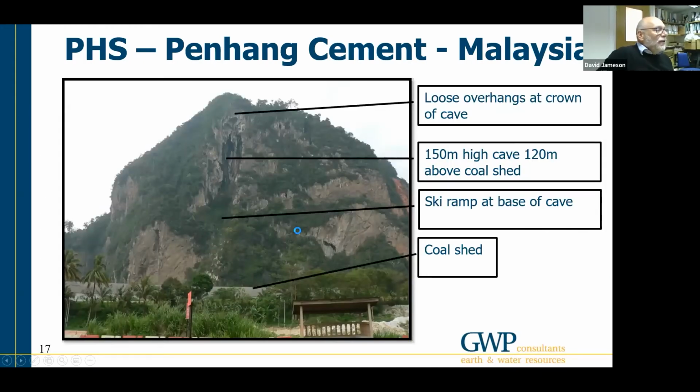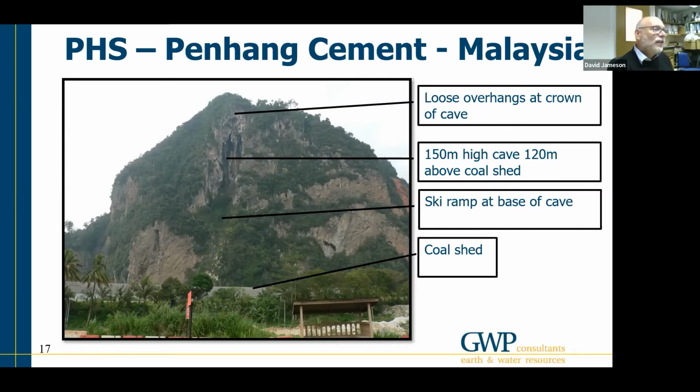So here's a picture of the mountain from the bottom. You can see the coal reclaim shed at the bottom of the slope, and high up the face, the top of that crest we were looking at before is right at the top where the trees are. But in the face of the slope they've left below, you can see a large cave developed, and that cave is about 150 meters high, and that lies about 120 meters above the coal shed, and the coal shed only lies about 40 meters away from the toe of the slope.